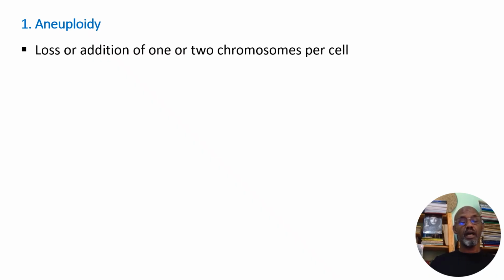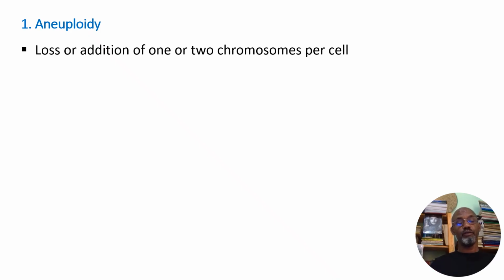Most of the time, these are tolerated. You may get individuals with one chromosome extra or one chromosome deficiency, two chromosomes extra or two chromosome deficiency. Otherwise, three or four are not tolerated. The most common are one deficiency or one extra, and two deficiency or two extra.